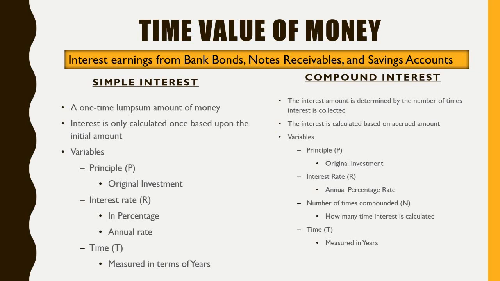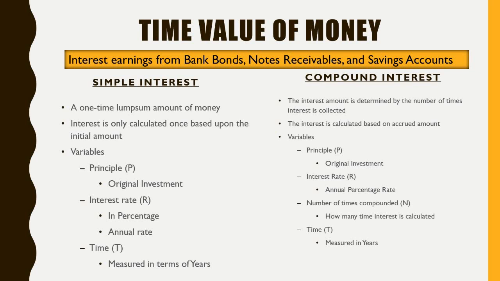So for the first half, we're going to be looking at investing into bonds and, excuse me, taking a loan, right? Because those are the more common ones that you normally would see that are currently accruing interest, right? So simple interest, pretty straightforward. You only get calculated interest one time, okay?